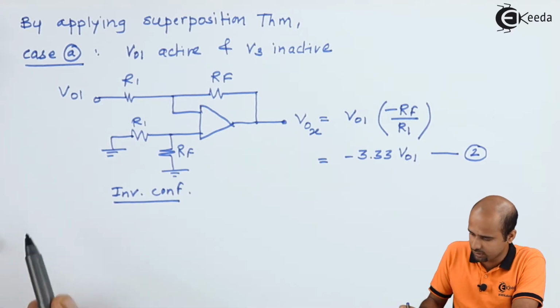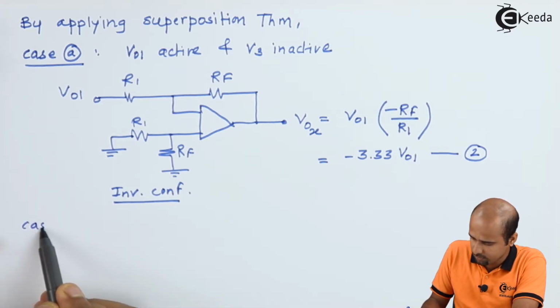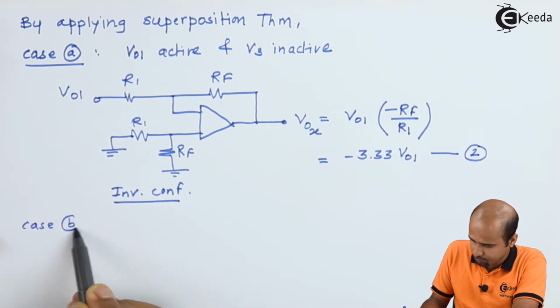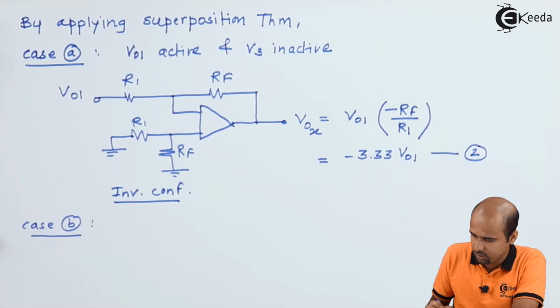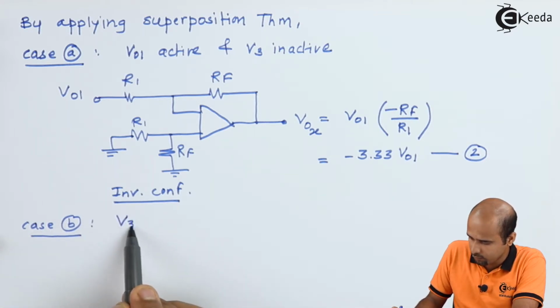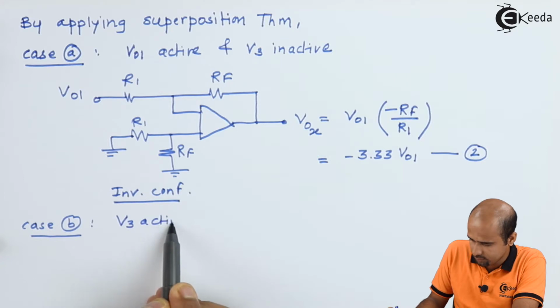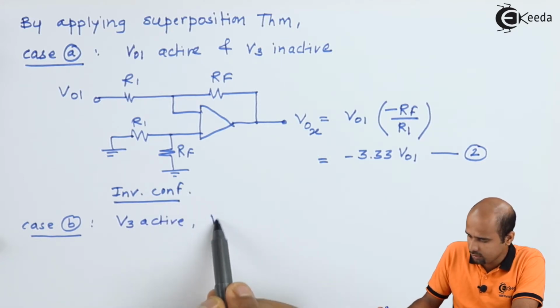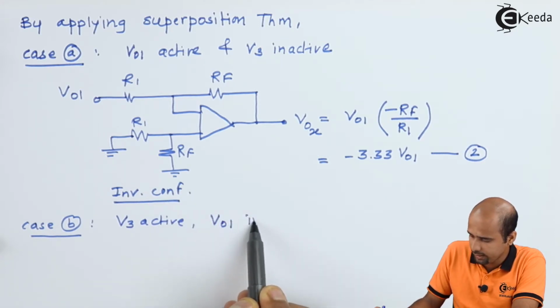Then we will proceed further for case number B, where I am keeping V3 active and VO1 inactive.